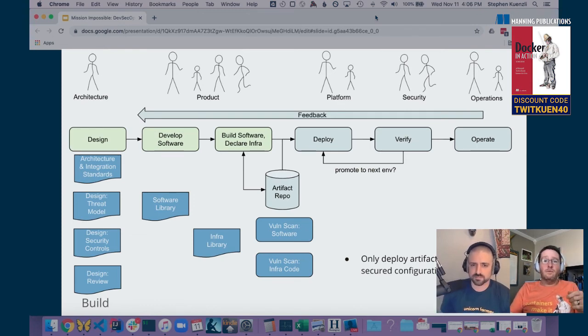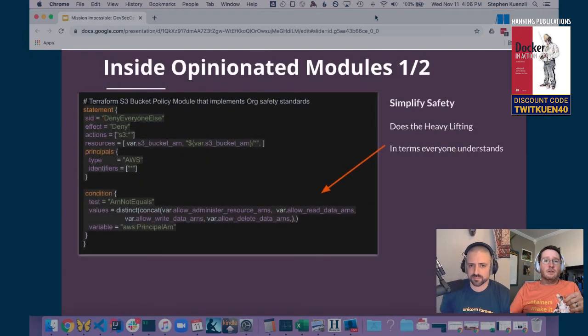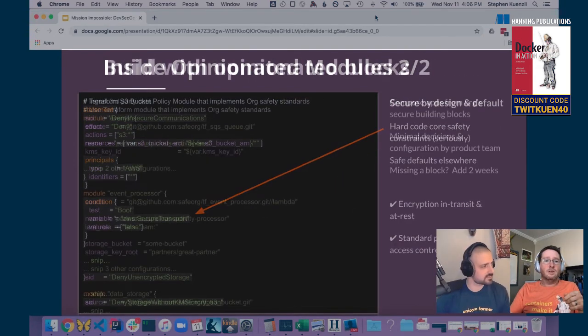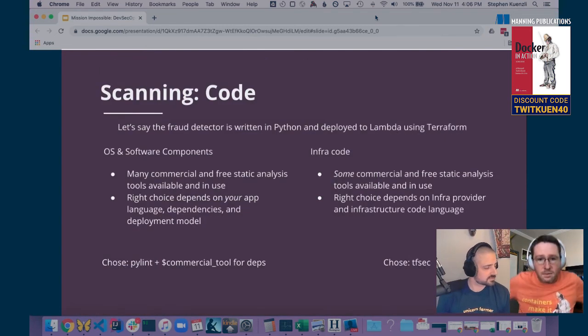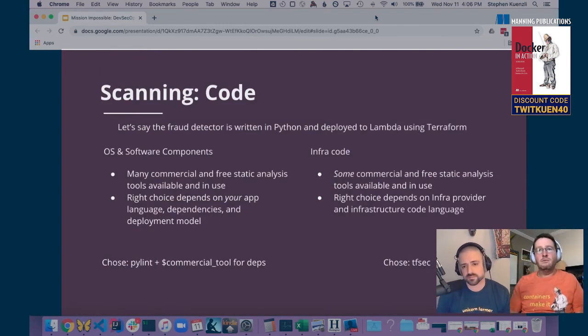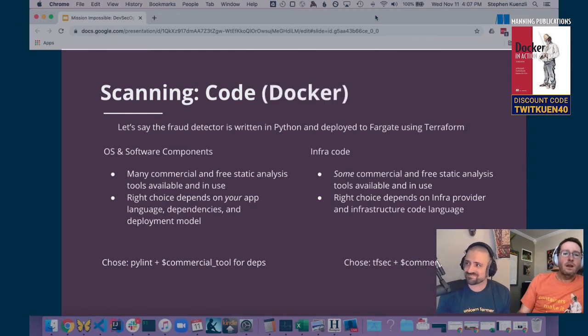Let's skip through some of the infrastructure module stuff here, because I want to dig into scanning from a Docker perspective. I realize we just spent a bunch of time, but let's say our fraud detector is written in Python and deployed to AWS Fargate using Terraform.